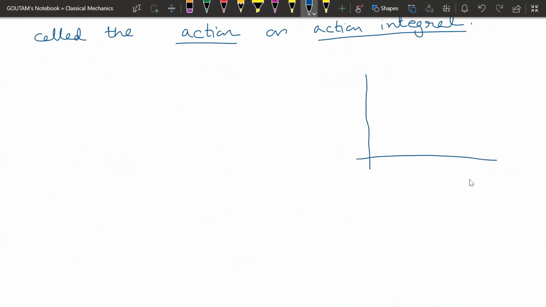So let's say this is a configuration space, with q1, q2, and a particle. This is the actual path from t1 to t2. In configuration space, this is the actual motion of the particle.